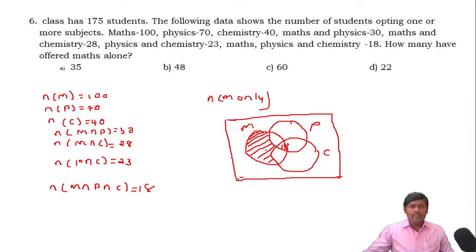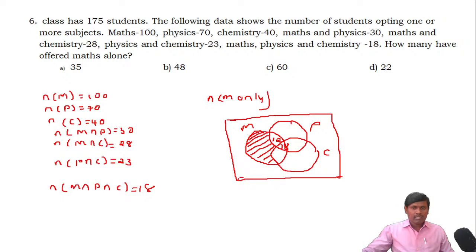Observe here, what about M intersection P? Here 18 is already fixed, so the total M intersection P is given as 38. Therefore we are left with 12. So this is 12.